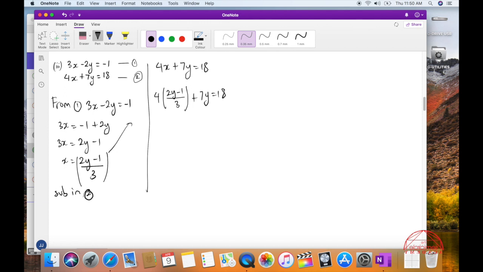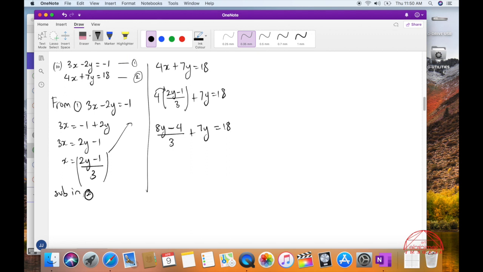Now, I can't cancel the 3 and the 4, so I'll just multiply the 4 throughout the numerator. So I'll have 4 2s are 8y minus 4, and that's all being divided by 3, plus 7y is equal to 18.